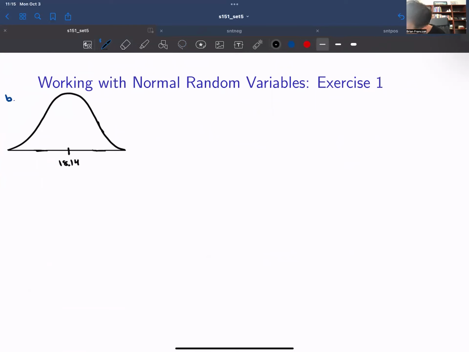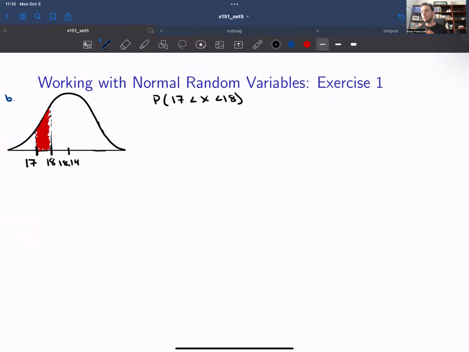We have to mark down where we think those values are. Again, we don't have to be precise, these are just rough approximations. So let's say 17 is here, and let's say 18 is here. So we are looking for this area right here. Here we have the probability 17 is less than X is less than 18.